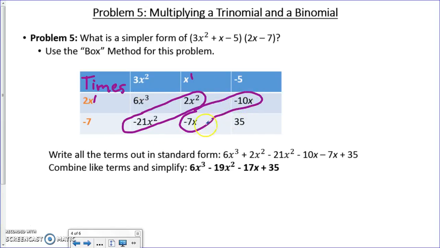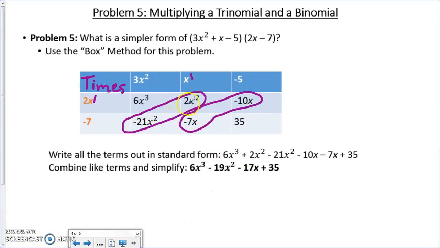Okay? Once you fill out your box, once you do your multiplication, you want to write out all the like terms out in standard form. So 6x cubed plus 2x squared minus 21x squared minus 10x minus 7x plus 35. You write out all 6 terms from left to right, from highest to lowest exponent. And then you combine your like terms.